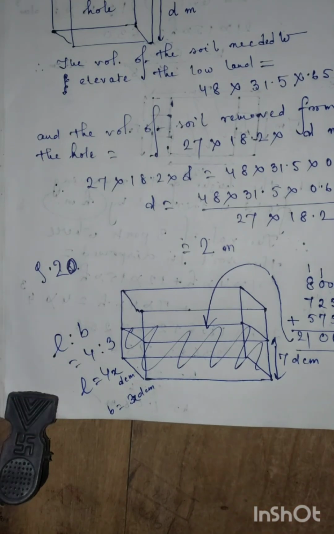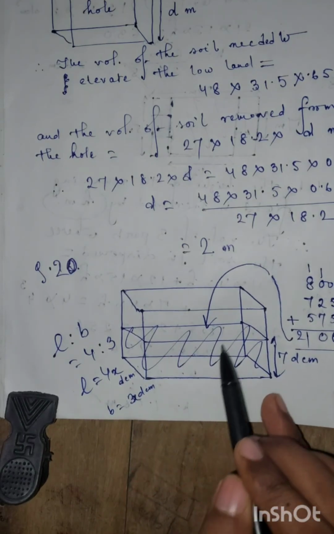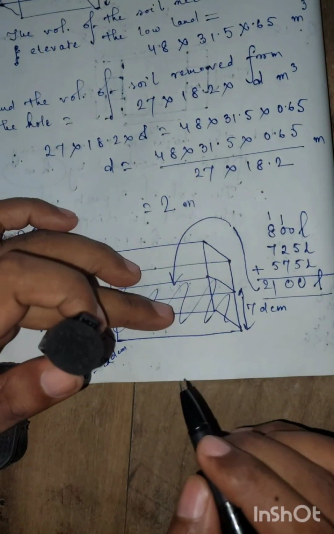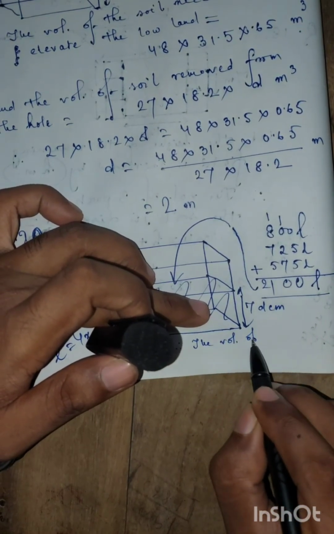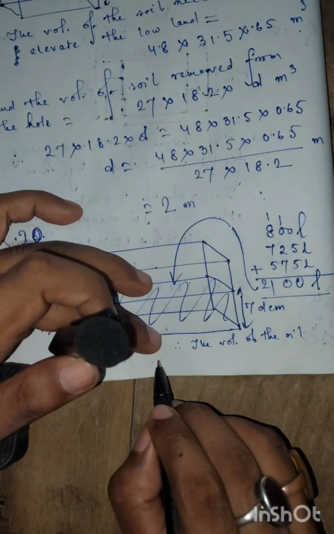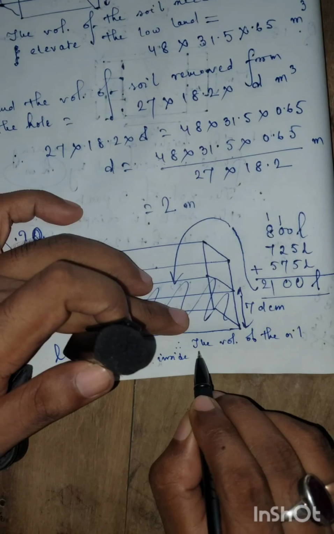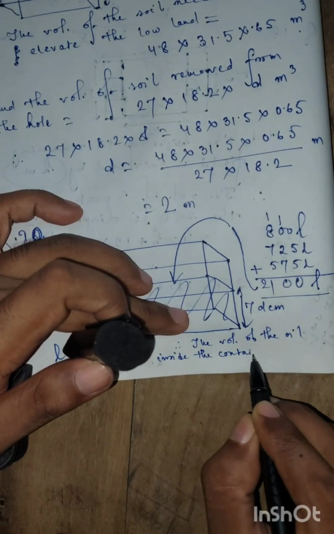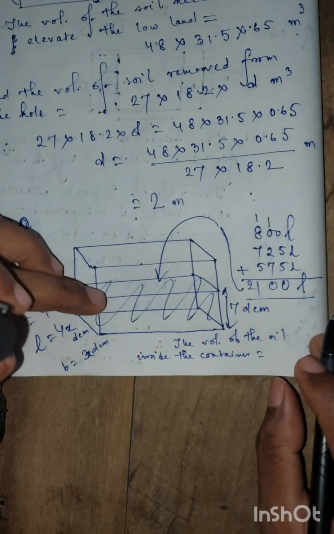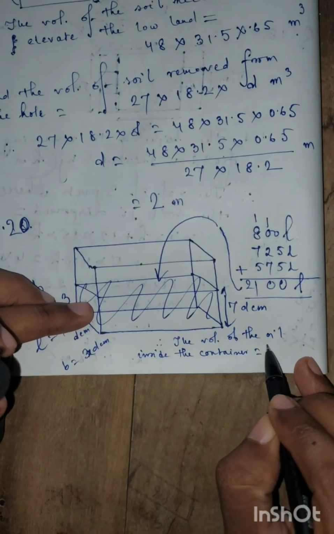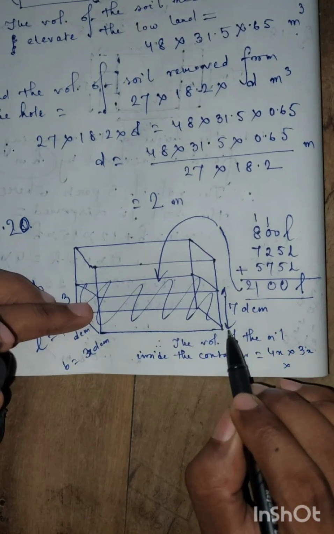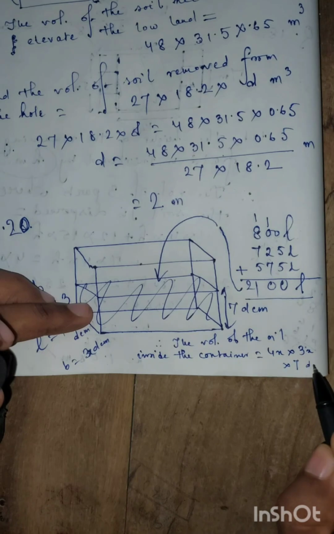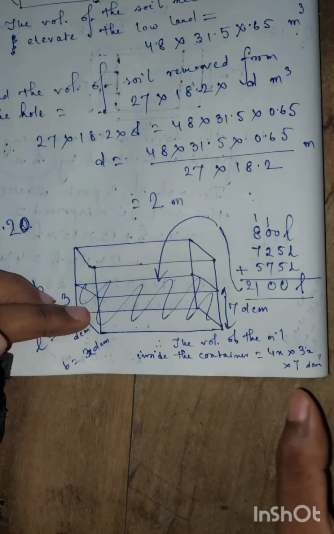Now the volume of the oil inside the container is equal to length, that means 4x, into breadth, that is 3x, into height, that is 7 dcm, in dcm cube.